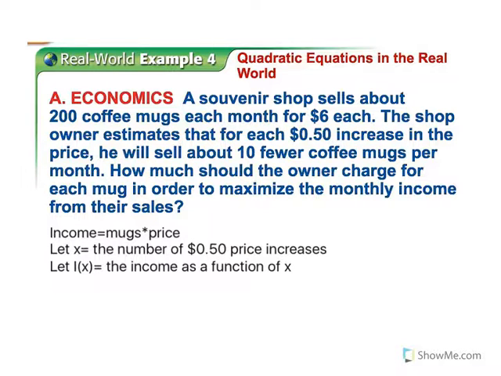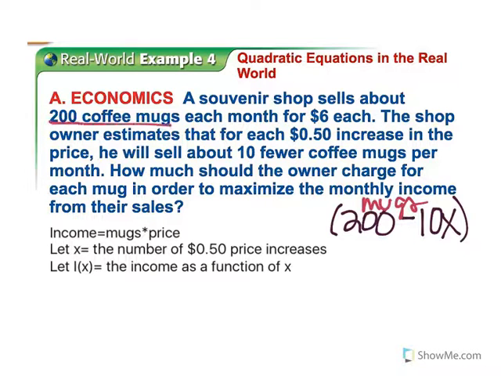Well, first we need to figure out the number of mugs. We have a total number of 200 coffee mugs. And we know that every time we have a price increase, it drops by 10, so we're going to subtract 10x. Okay, so this is the number of mugs. And I found that information right here, the 200 coffee mugs and the 10 fewer coffee mugs per month. Okay.